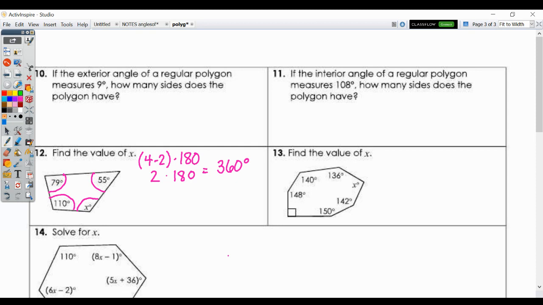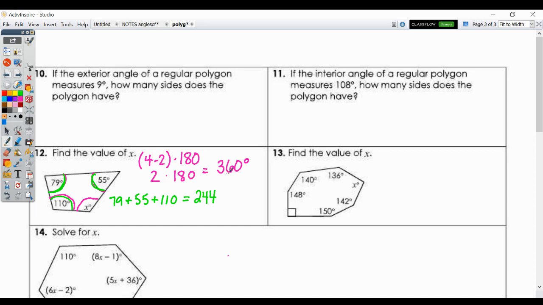So what I can do is add together all of the angles they gave me. So 79 plus 55 plus 110. And that gives me, let me type it in my calculator, 79 plus 55 plus 110. And that gives me 244.